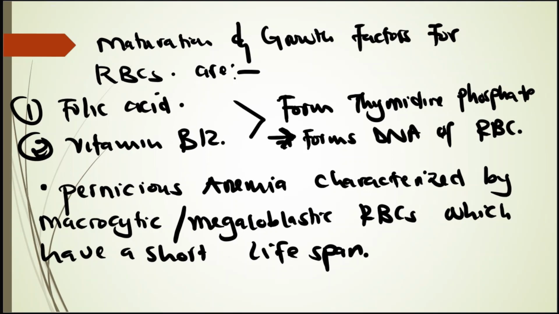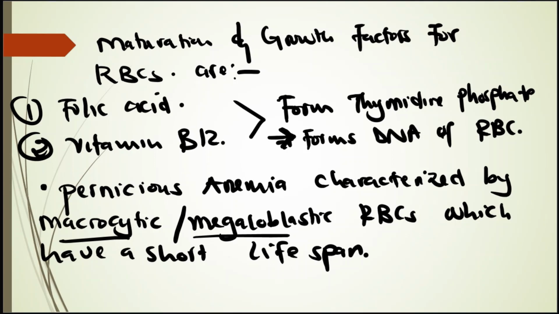So a deficiency in vitamin B12 and folic acid will lead to pernicious anemia. In pernicious anemia, you have macrocytic and megaloblastic red blood cells. Whenever a question comes on pernicious anemia, just know that it is caused by folic acid deficiency or vitamin B12 deficiency.